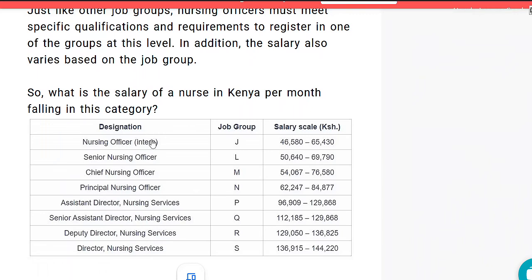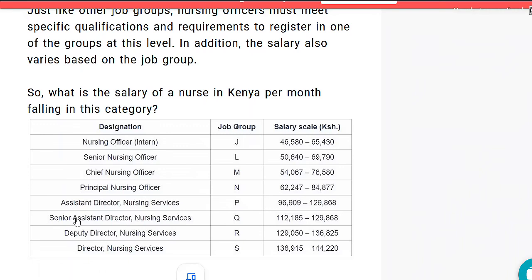Remember, we talked about the nursing officer intern falling under job group J. They earn between 46,000 to 65,000. Senior nursing officer, group L, earns between 50,000 to 69,000. Chief nursing officer, group M, between 54,000 to 76,000. Principal nursing officer, group N, 62,000 to 84,000 Kenya shillings. Assistant director nursing services, job group P, between 96,000 to 129,000.